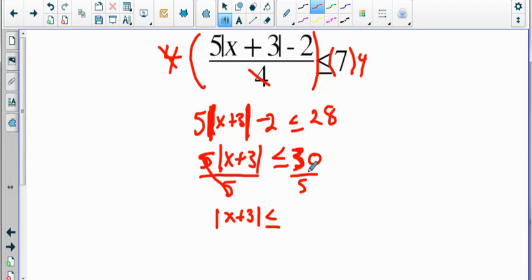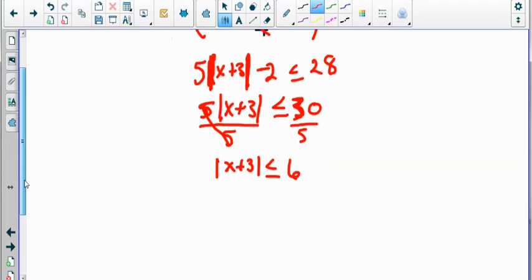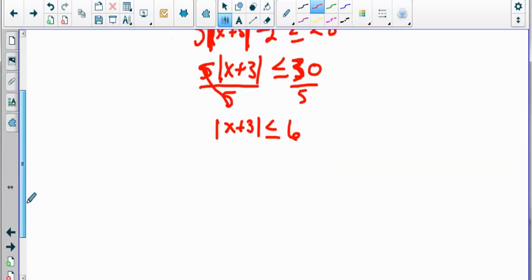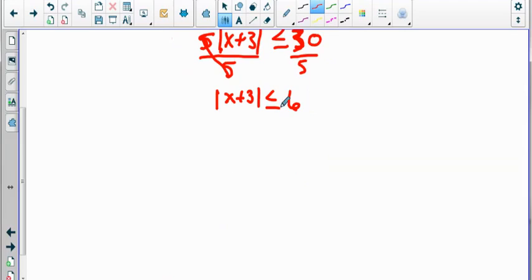And 30 divided by 5 is 6. So now I've got it down to something that I recognize from before. I'm dealing with one just like that. What was that? That was x plus 9 is less than 1. We're going to do it the same way. The big part was just getting it down to this.